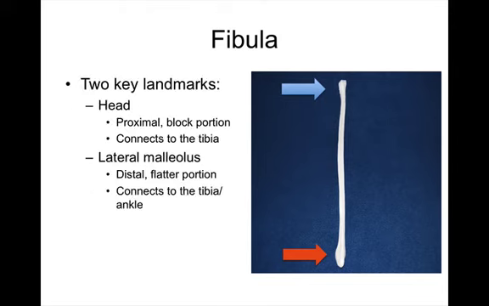We have a head of the fibula and a lateral malleolus, among other landmarks, but these are the two key landmarks I'd like to highlight for you. The head is the proximal block-like or blocky portion that makes a connection to the tibia. And then the lateral malleolus is the distal flatter portion and basically flanks the lateral aspect of the primary ankle joint. That's indicated there by the red arrow.